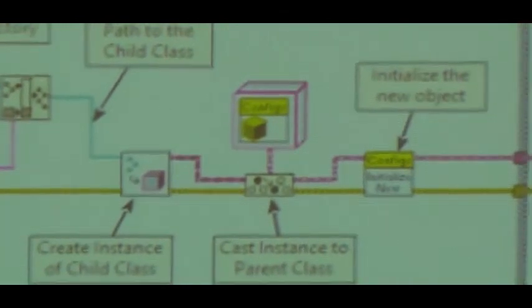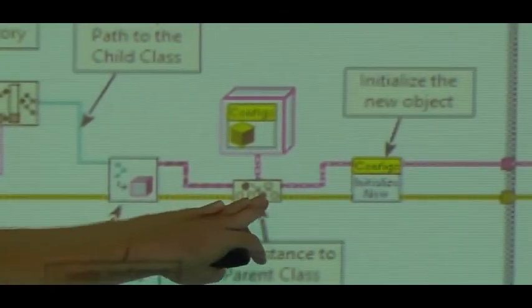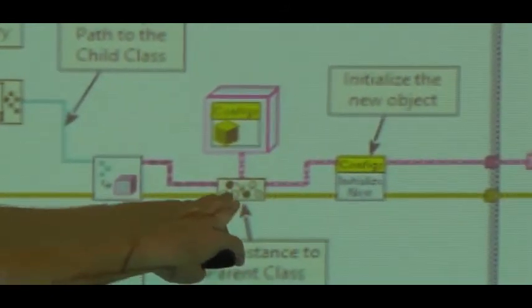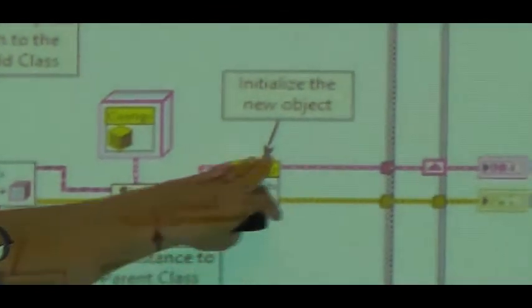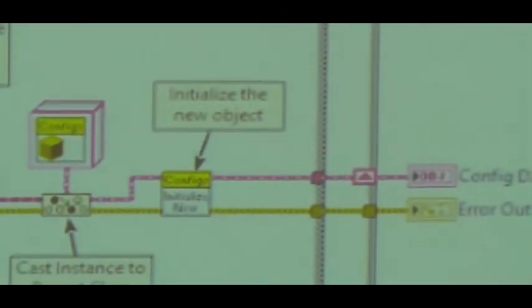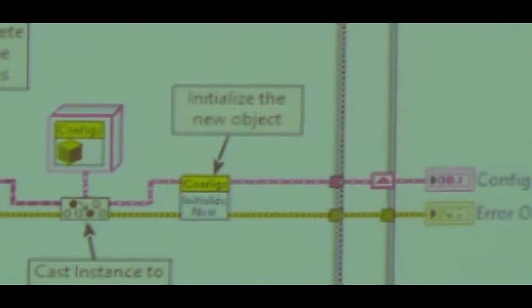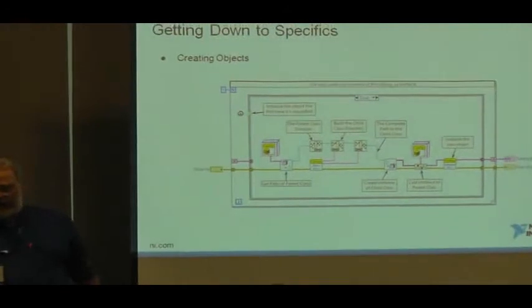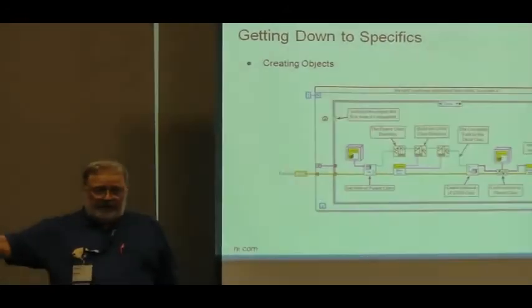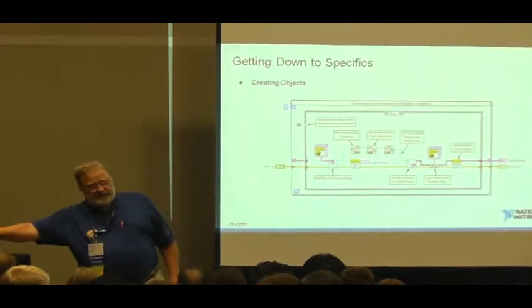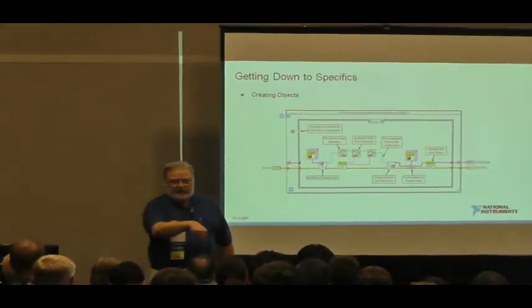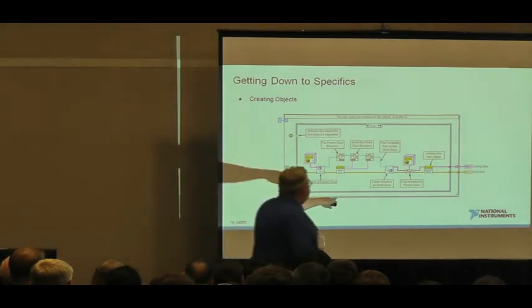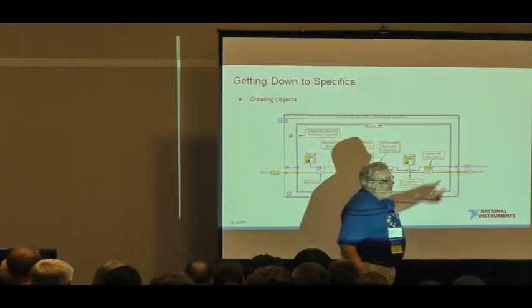So what I do is I've got my class, and I cast it to be the parent class. Here's our Initialize New. So when that gets called, because what it really is on the inside is whatever the child class is, the child class's method VI will get called, and the first thing that child class's method VI does is call its parent. So the parent gets initialized, and the child gets initialized, and by the time you come out here, this object is fully initialized, ready to go.